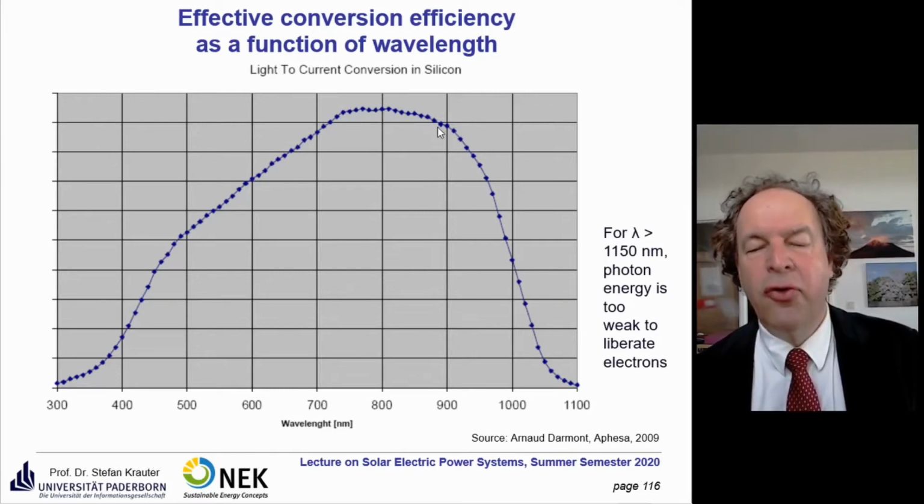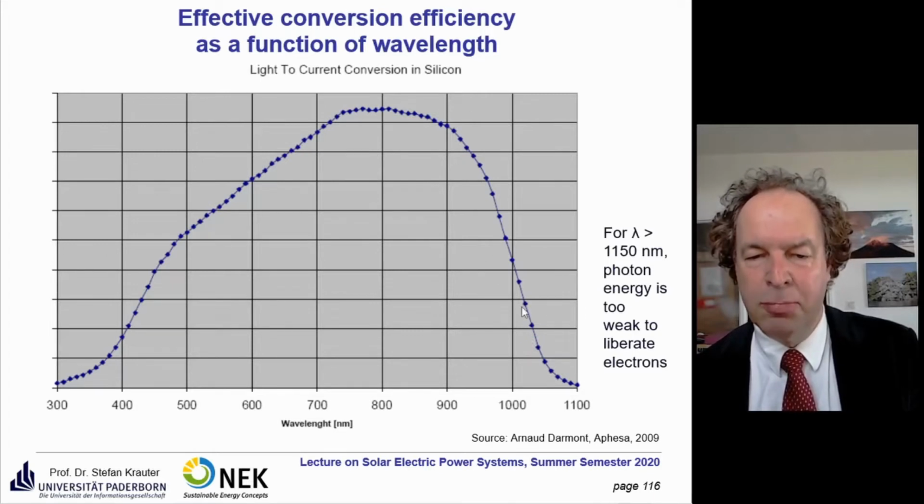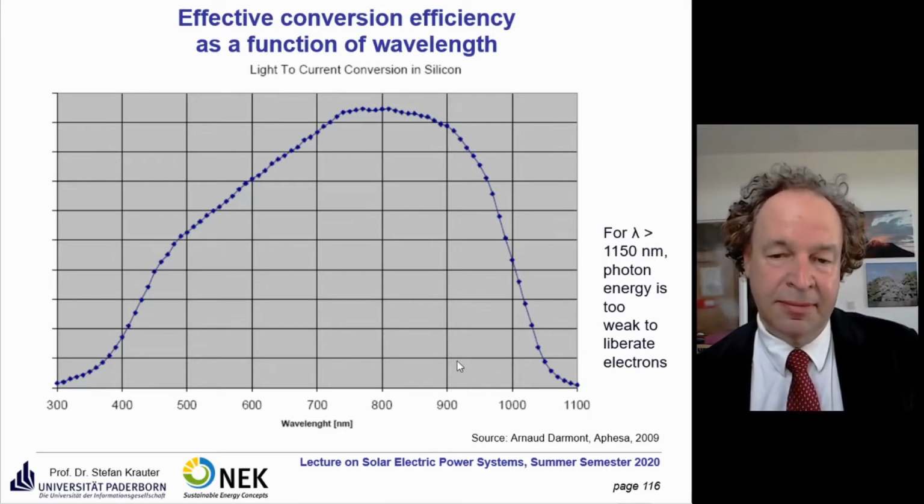And if you go further into the infrared, to higher wavelengths, the energy of a photon gets less and less, and then it doesn't have enough energy to liberate an electron, not even to be absorbed, and therefore it passes through the silicon crystal without being absorbed, and the contribution to the photocurrent is diminishing.